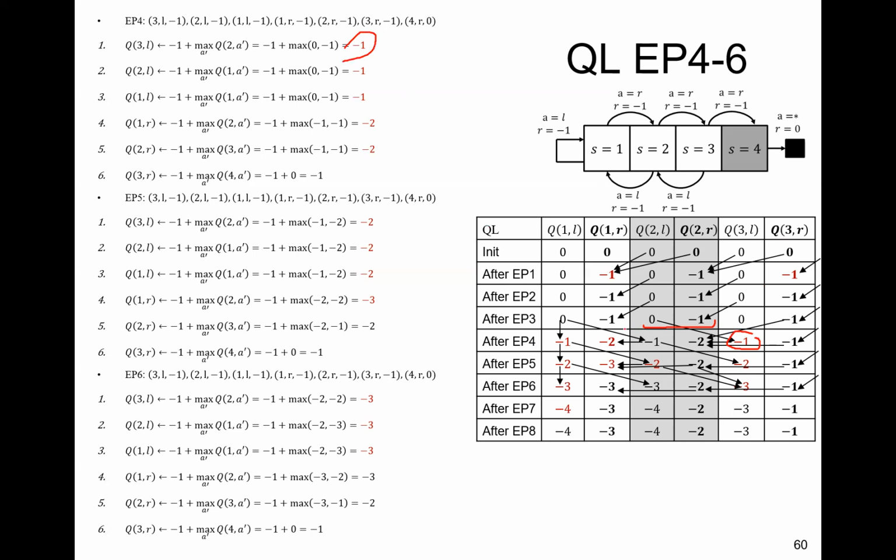Q2 left bootstraps off Q1. The max of these two is 0, so this is -1 for Q2 left. Q1 left bootstraps off the max of these two Q values, which is 0, so this is bootstrapping off itself.